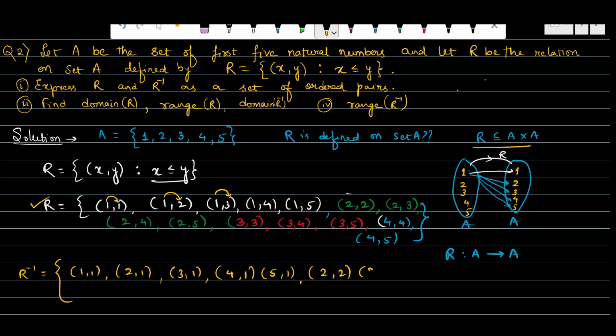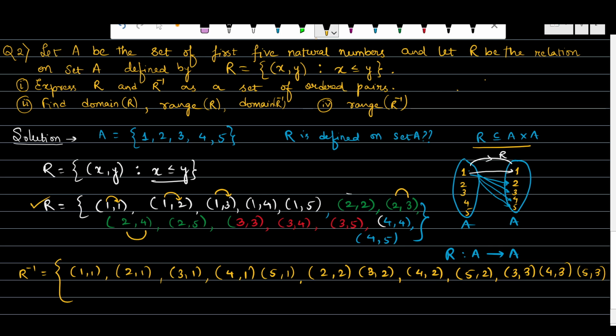Similarly, you can see over here, I have interchanged these two. You can interchange these two. (4, 2), (5, 2), (3, 3), (4, 3), (5, 3), (4, 4), and so on.